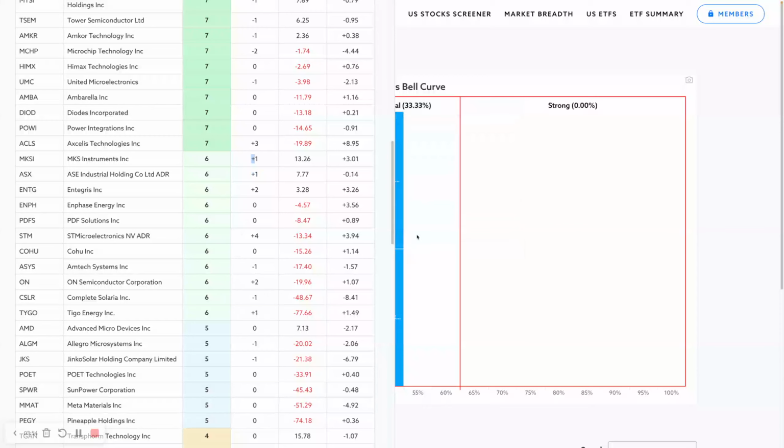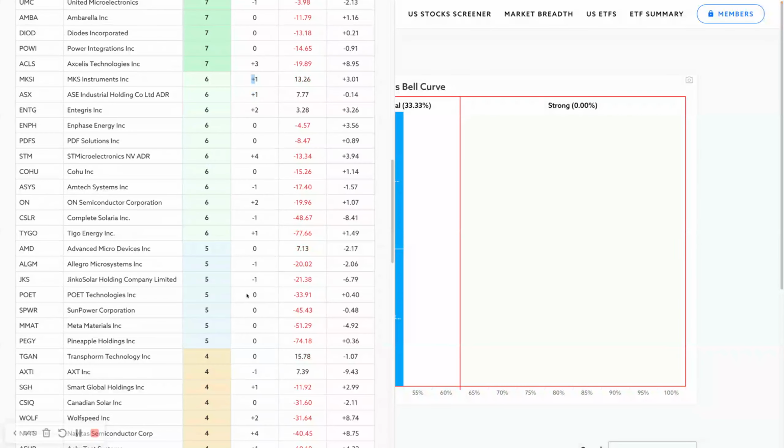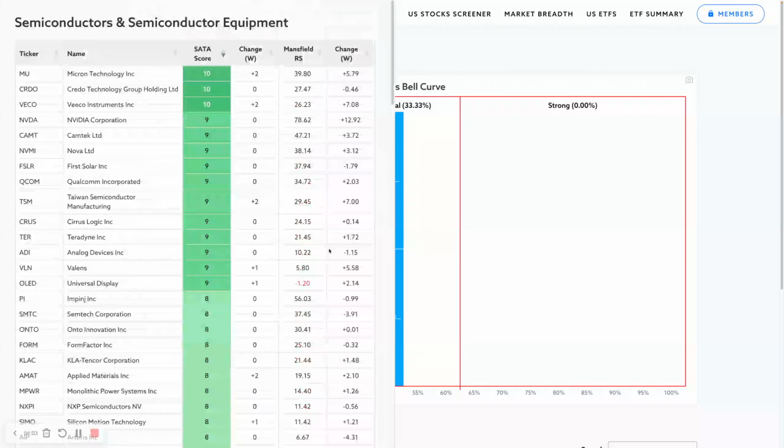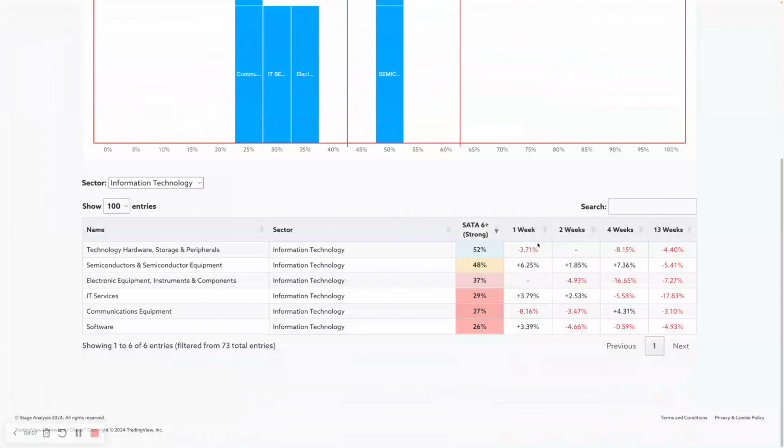There's more moving to a 6 and above than there has been dropping from the strong down to the neutral scores. You can see there's been a few that have dropped down, but more have been moving up. So that's why that has been rising up, and you can see the percentages in the table. So +6.25% this week, and 1.85% over the last 2 weeks have moved into a 6 or above here.